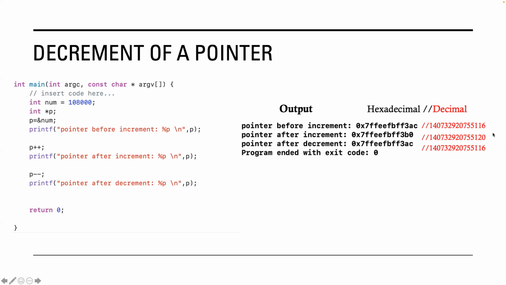So you can see first the decimal value of the address of this num variable is this, and after incrementing I'm getting this value, and after operating the decrement operation, I'm getting back to the previous value.